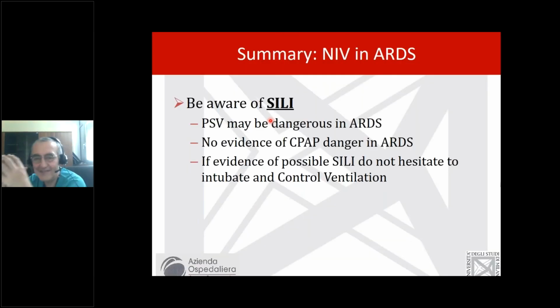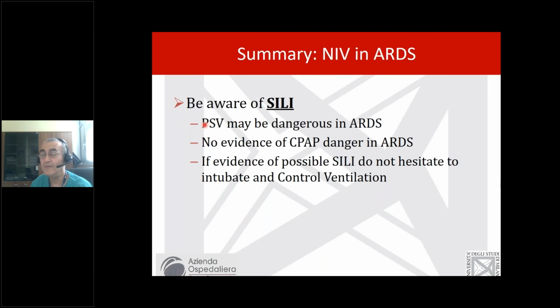So, as a summary, talking about lung protective ventilation, I wanted to concentrate also on the part before intubation. Usually we think that lung protection should occur only after intubation. I'm telling you, no, I think differently. Be aware of self-induced lung injury.